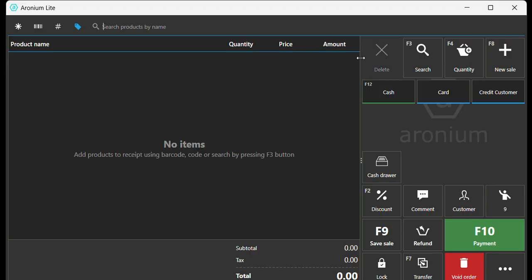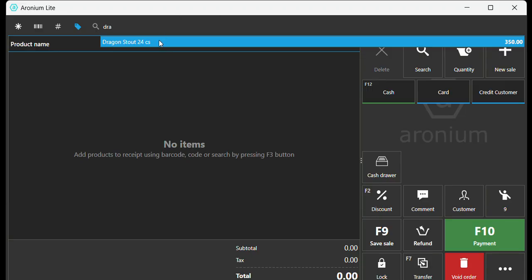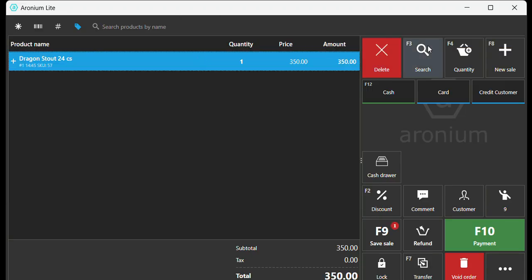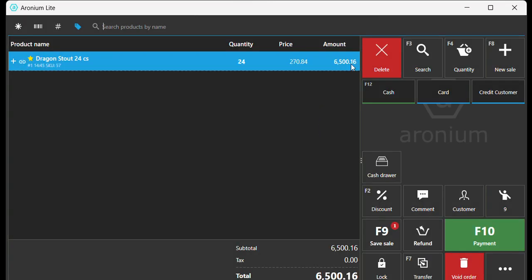Let's do it again. Dragon. If I increase it to 24 right now, it's going to give me some cents over, but that's fine. We can work out those cents afterwards. So any amount you put in after the 6, you get that discounted price.